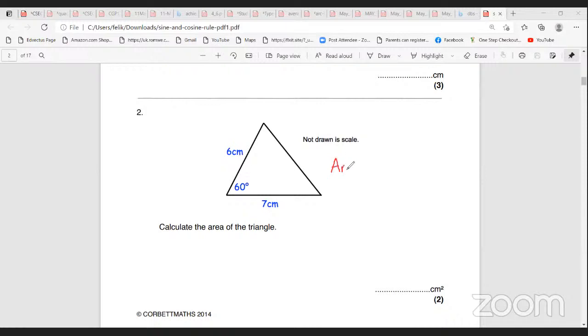So area equals half AB sine C. The A and the B are two sides, and the C is the angle, all right? So it will be half AB sine C.